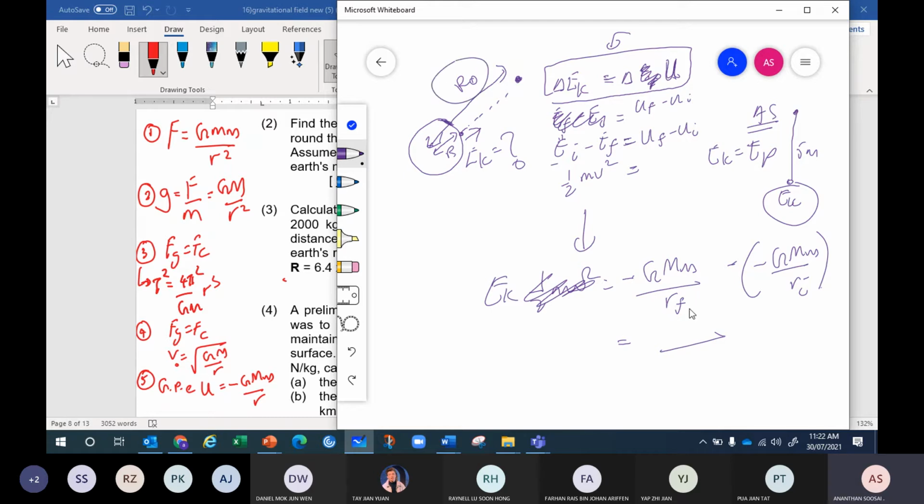It should be R0, so negative GMm over R0. This is going to be plus GMm over r initial. R initial is the radius of the Earth. So we rearrange: we bring GMm over the radius of the Earth in front, minus GMm over R0. The equation tends to become like this.